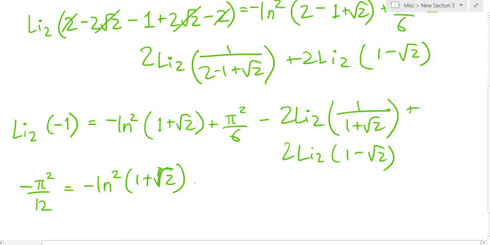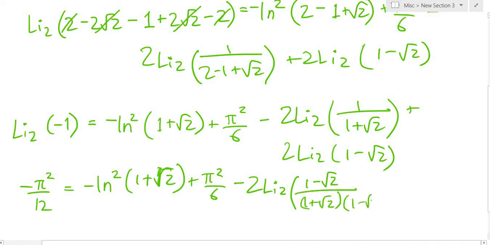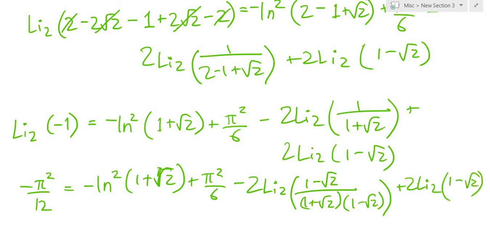Minus ln squared of 1 plus square root of 2 plus pi squared by 6 minus 2 times the dilogarithm, and then we can multiply and divide by the conjugate of this, 1 plus square root of 2 times 1 minus the square root of 2, plus 2 times the dilogarithm of 1 minus the square root of 2.